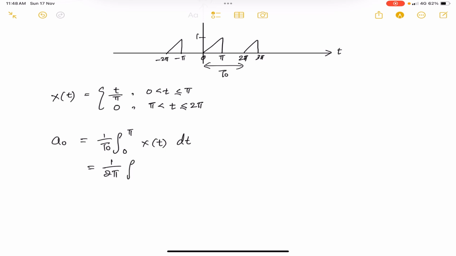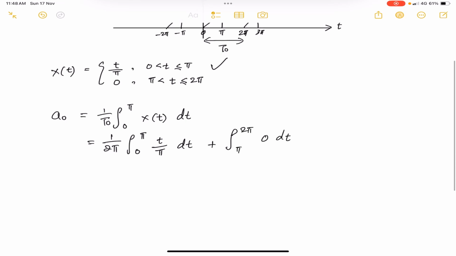The value from 0 to pi is t over pi. We follow this one, given the x(t) is t over pi. If you want to write it out, you can; from pi to 2 pi the value is 0, and if you don't write it, also can.